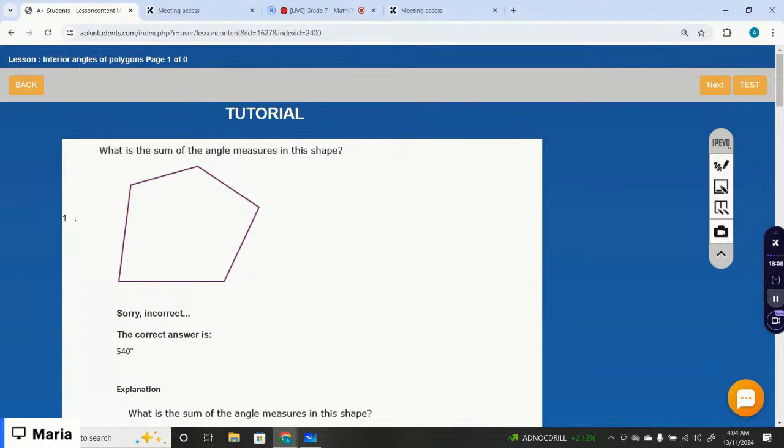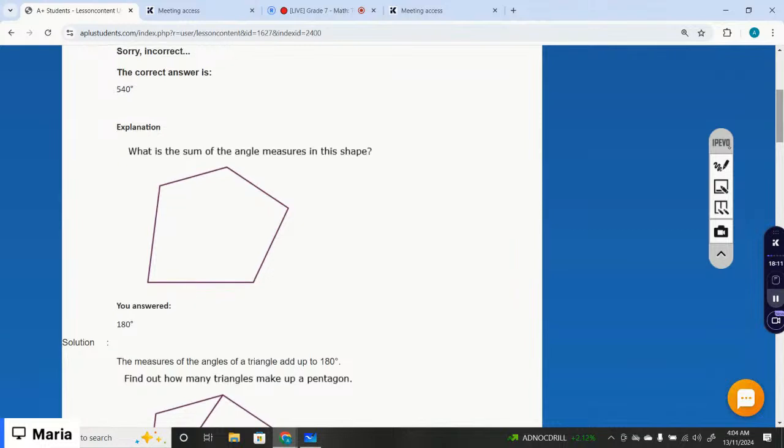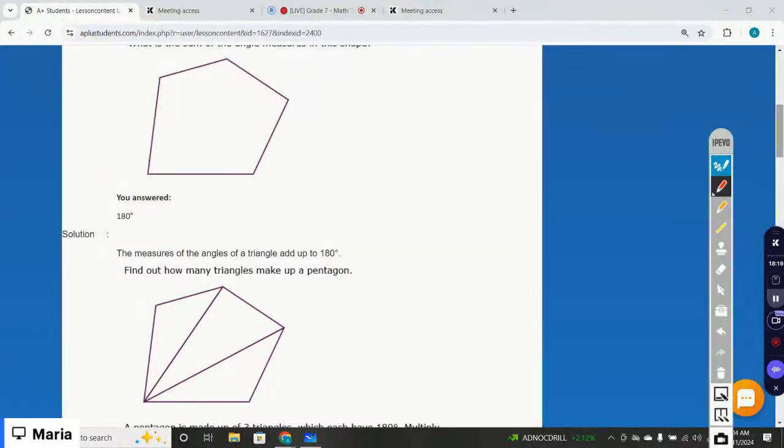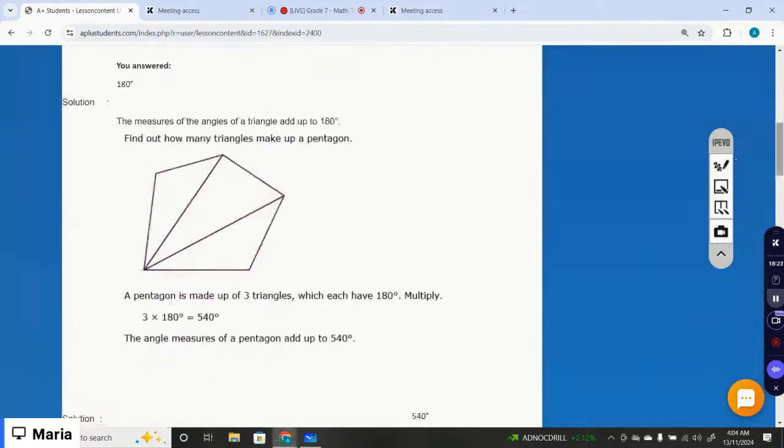You have to measure the sum of the angles in the shape, right? The measure of the angles of a triangle added up to 180. Let's see how many triangles are made up in a pentagon. So one, two, three triangles, right? And each triangle measures 180 degrees, right? So the pentagon has 180 times 3. So 180 times 3 is 540 degrees, right?